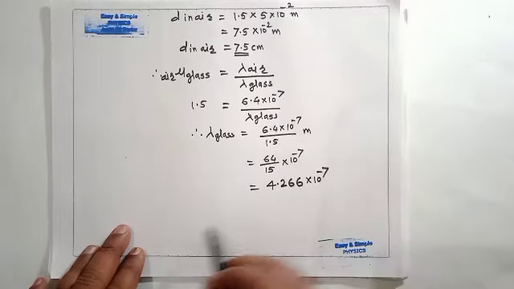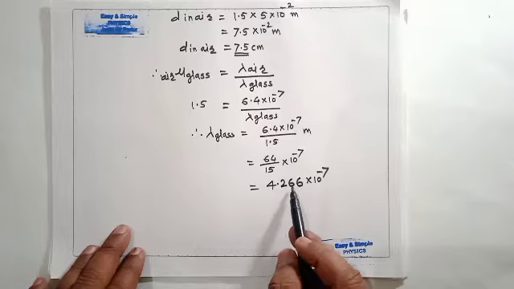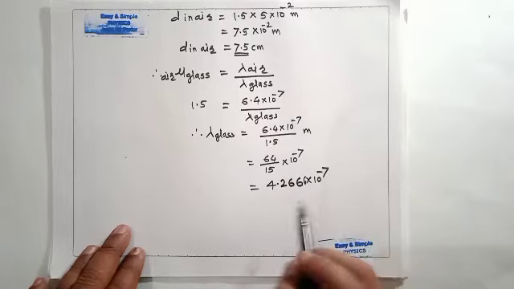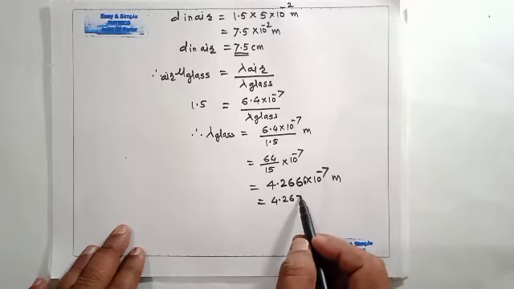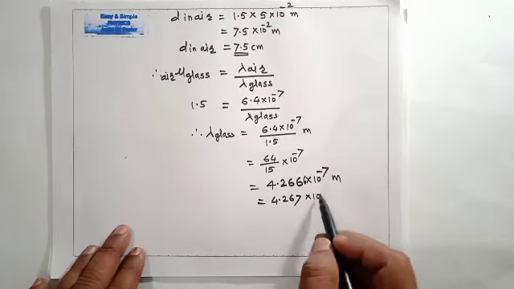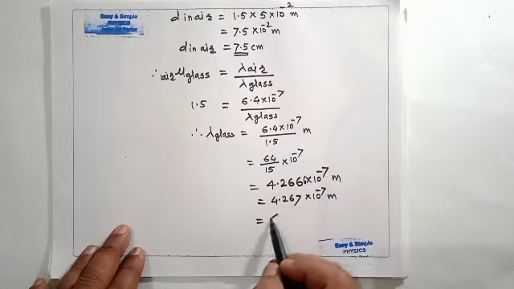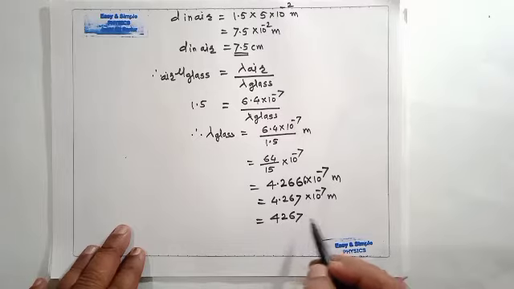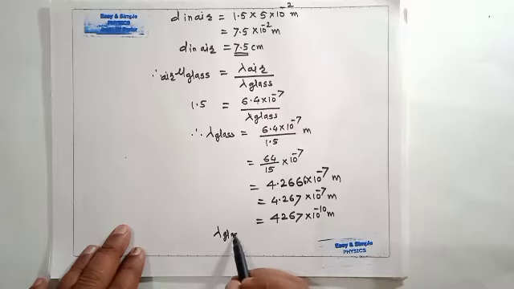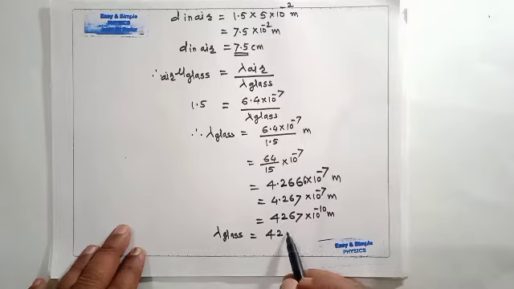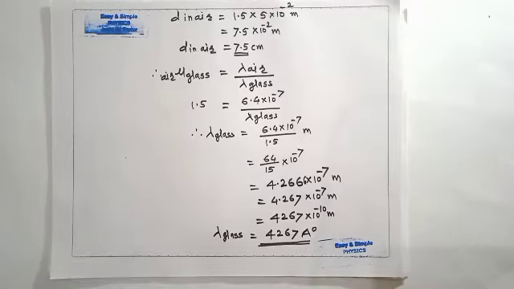So we get 4.267 into 10 to the power minus 7 meter, which means 4267 into 10 to the power minus 10 meter. So the wavelength of light in glass is 4267 angstrom unit. That is the answer for the given example.